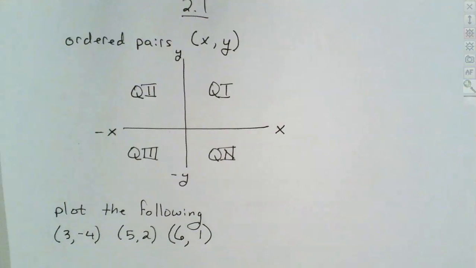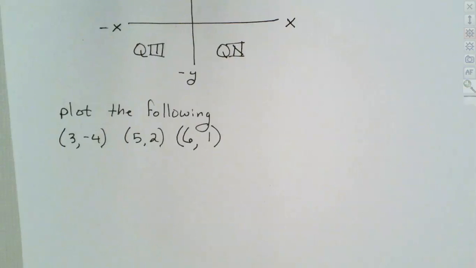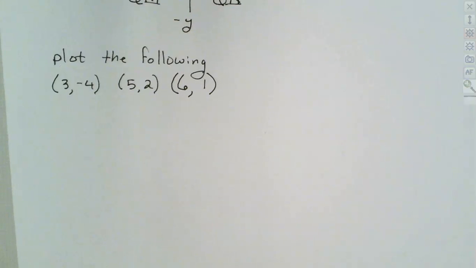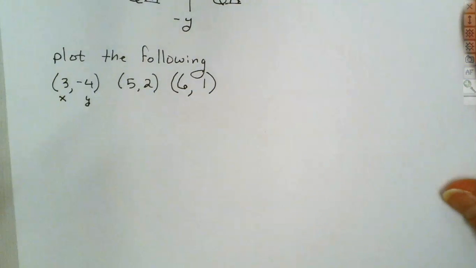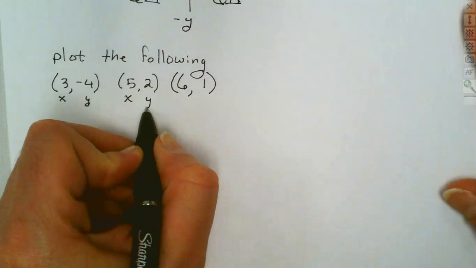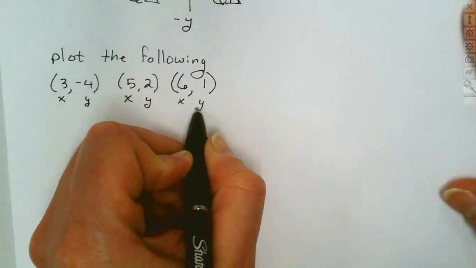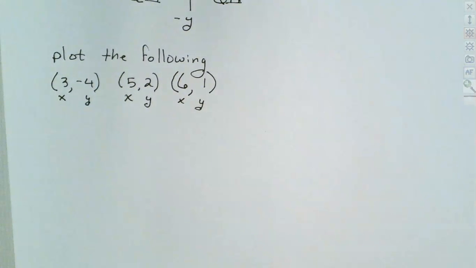So let's remember how to plot these points. Now again, these are ordered pairs, and they always go x, y. When we plot points, we're not going to connect them together. When we say plot points, that means you just plot the dot where it is. When we say graph, that means we connect them together and either make a straight line or a curve.